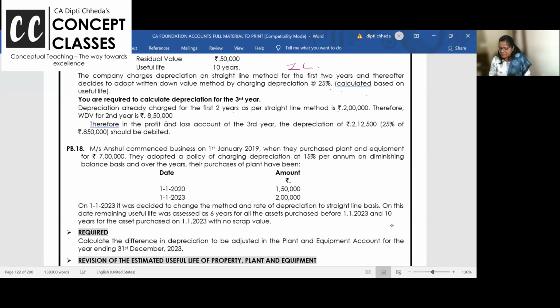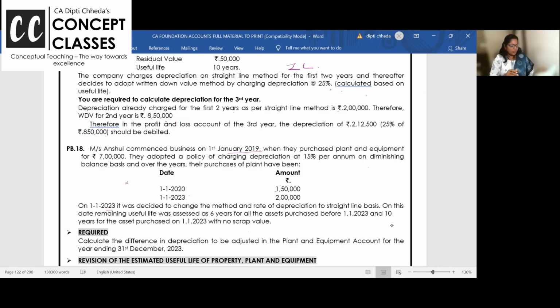Anshul commenced business when they purchased machinery. They adopted 15% WDV in January 2019. And then they purchased 2 more machines. In 23, they have decided to change the method, rate of the depreciation to SLM. Okay. So now in January 23, they have decided to change the method.